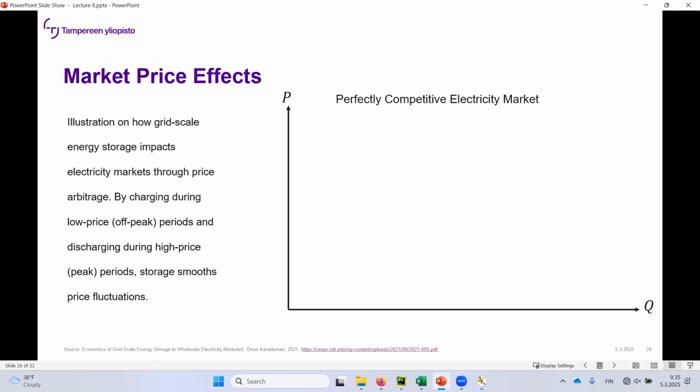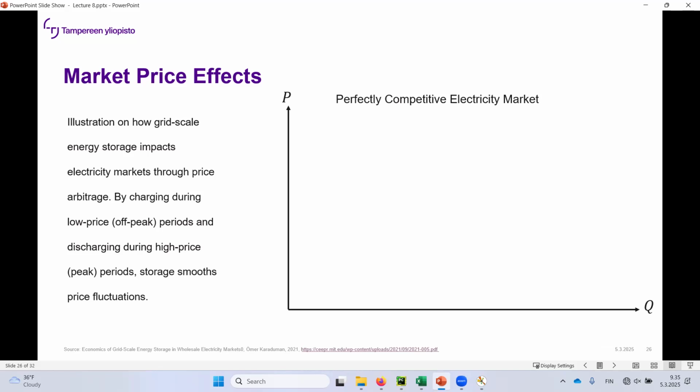Arbitrage was that you buy when it's cheap and you sell when it's expensive. By charging during low price periods and discharging during high price periods, storage smooths price fluctuations. It kind of shows in here as well.